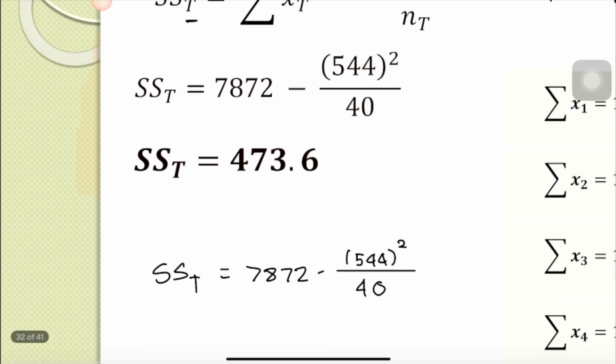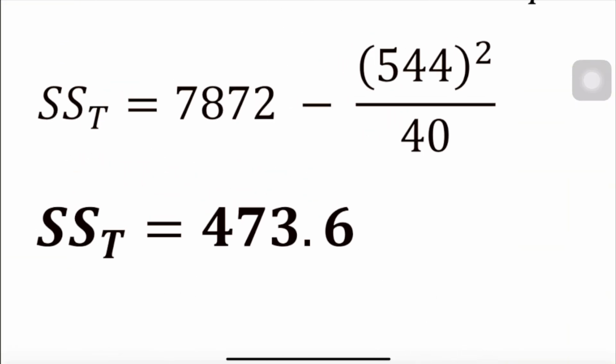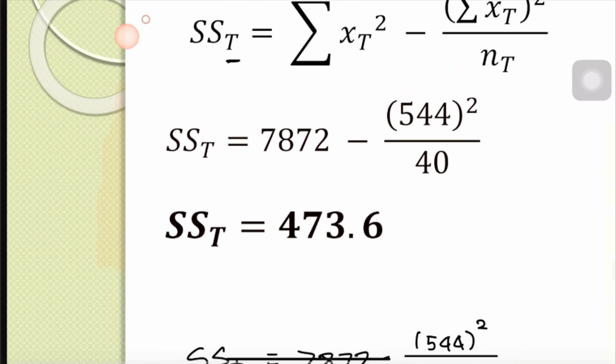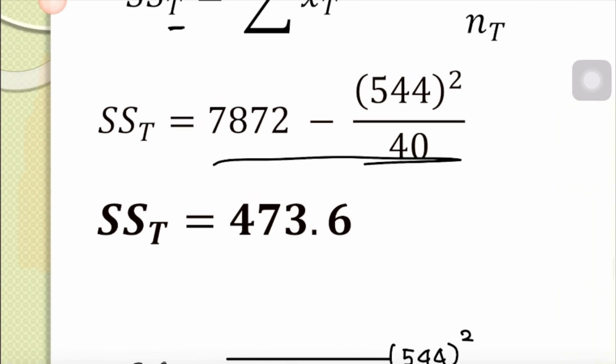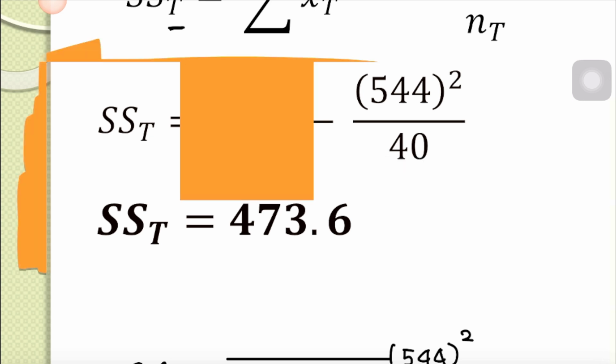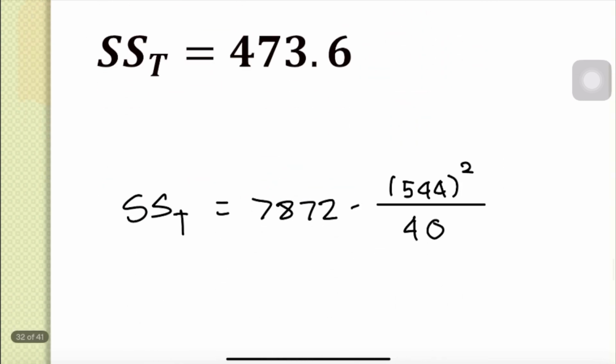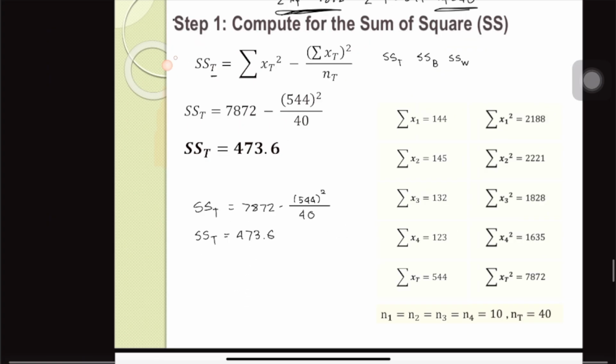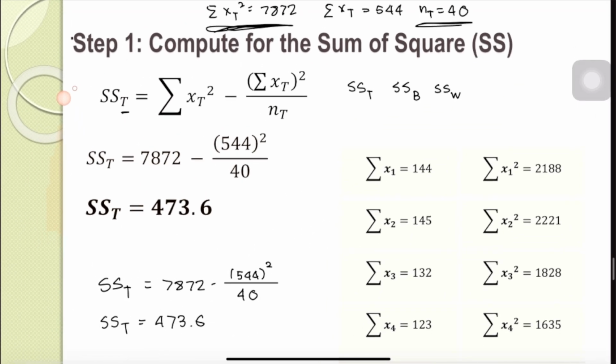Yan, ganyan yung solution. Okay, so make sure to take down din pala si SST kasi kailangan pa yan sa mga susunod na formula. So ganun lang kasimple si SST.